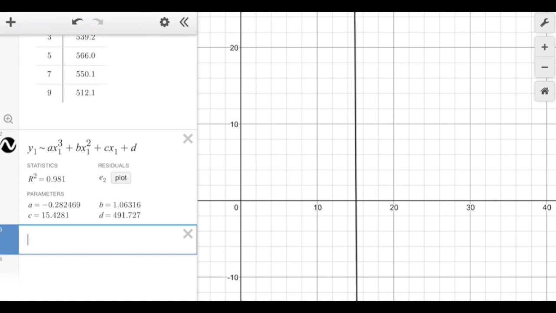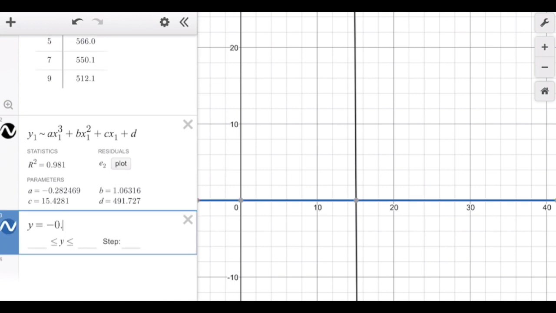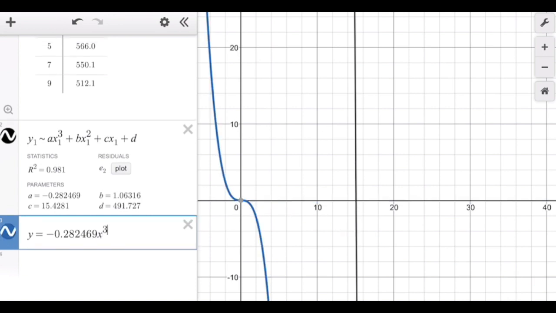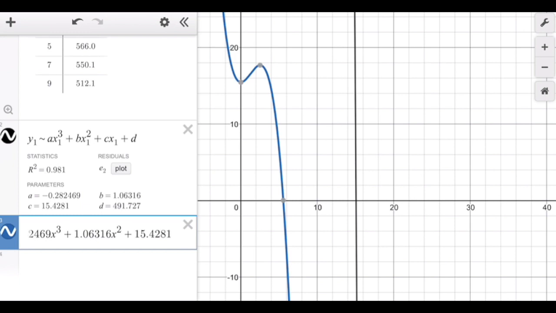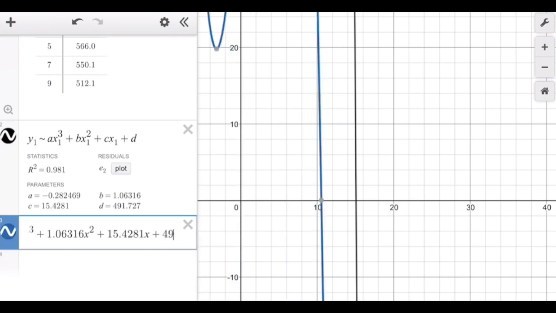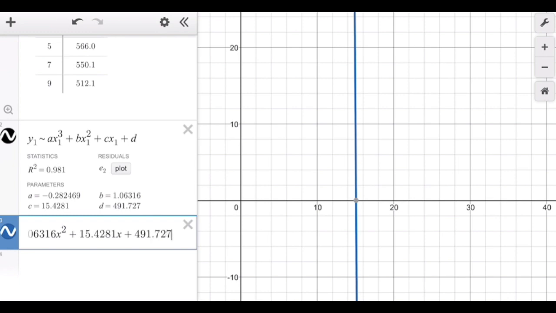And in here, I'm going to say y is equal to, using our a, b, c, and d values, negative 282.469 x cubed plus 1.06316 x squared plus 15.4281 x plus 491.727.